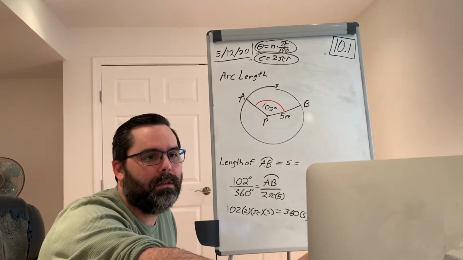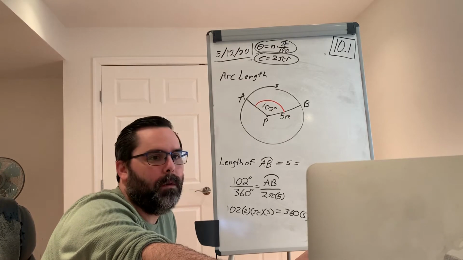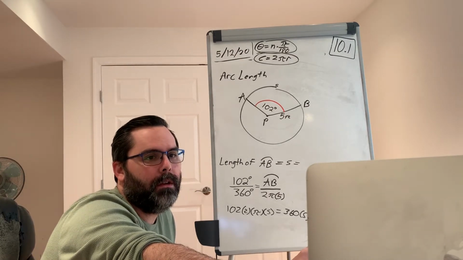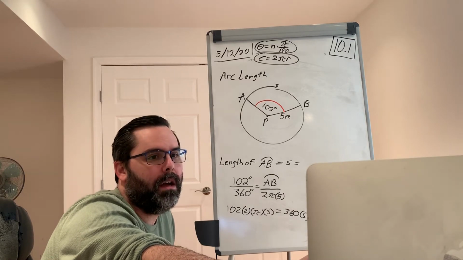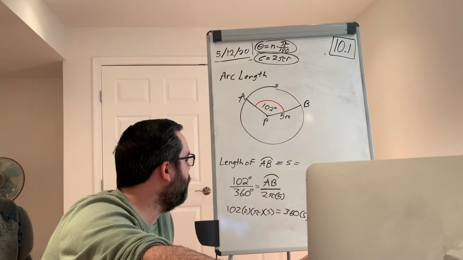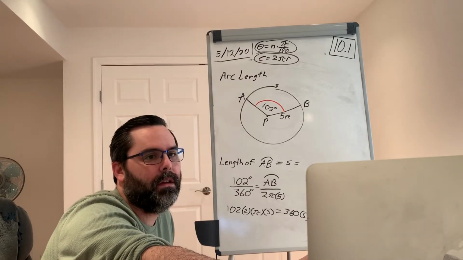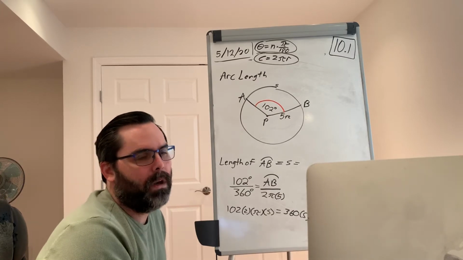Let me go ahead and do those. 102 times 2 times pi times 5 equals, and we're going to divide that by 360, 8.9.